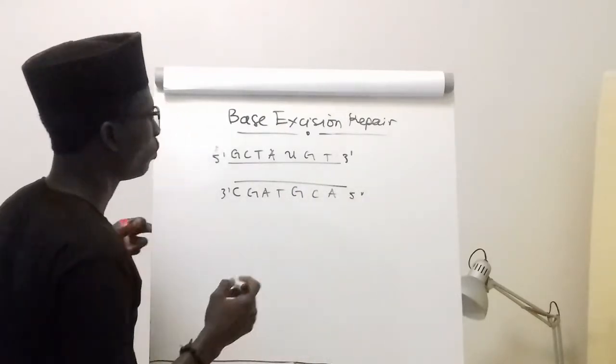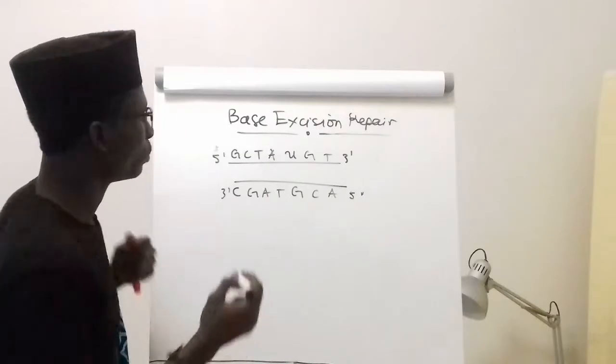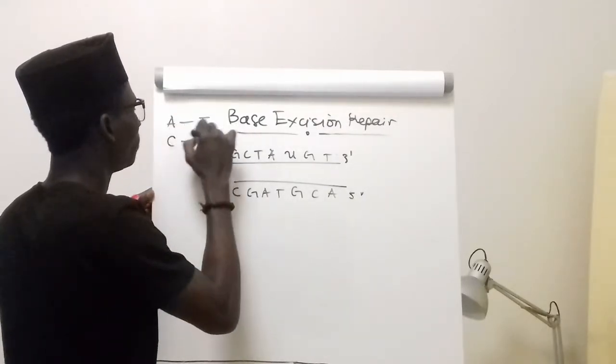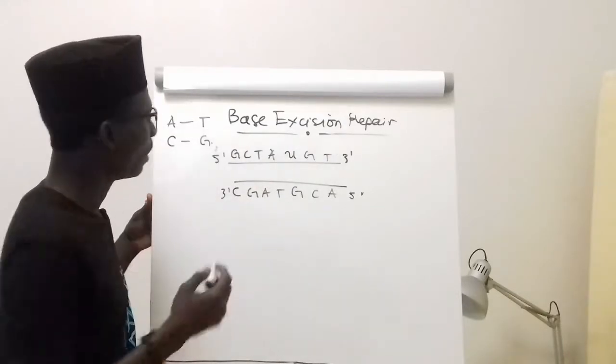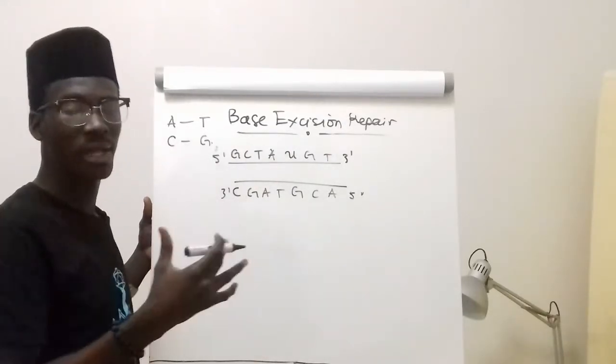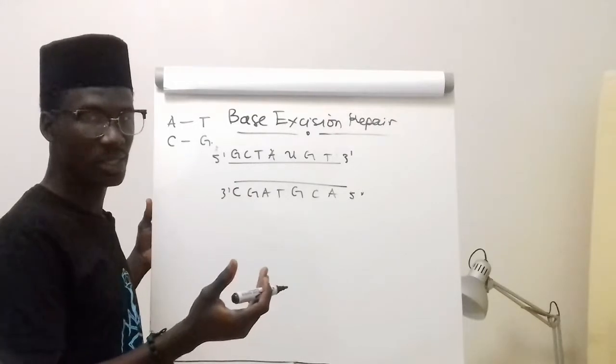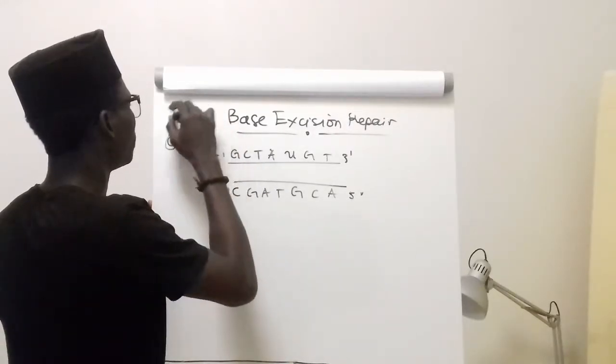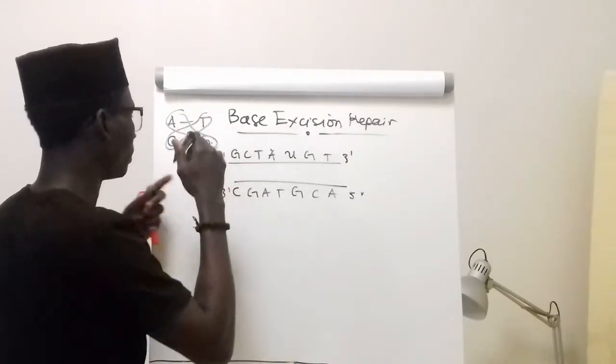From what we have explained in previous videos, we know that adenine binds to thymine and cytosine binds to guanine, because a purine has to bind to a pyrimidine. These both are pyrimidines, and these both are purines.